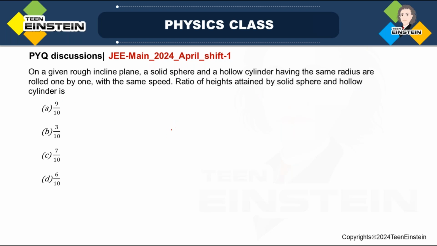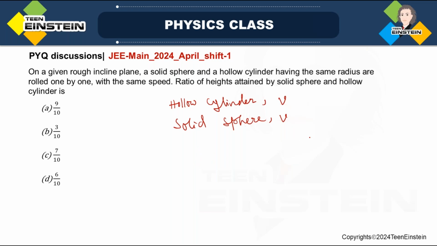So we have hollow cylinder and solid sphere. These two are rolled one by one with the same speed v. Ratio of heights attained by the solid sphere to the hollow cylinder.